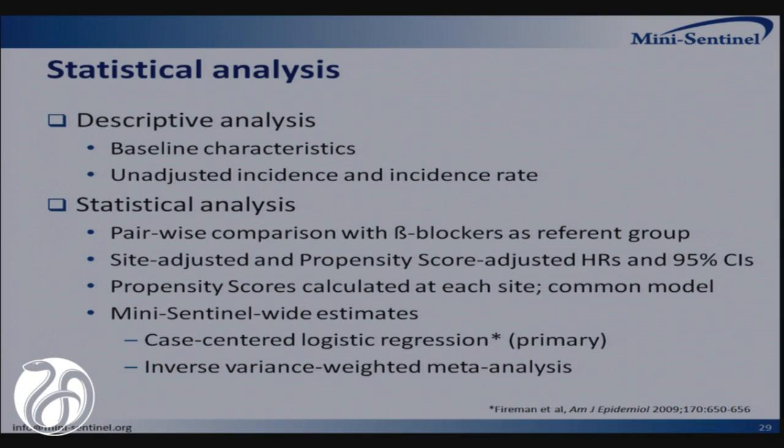And the analysis includes a descriptive analysis, regular old baseline characteristics, unadjusted and adjusted, and then pairwise comparisons to beta blockers, adjusted by site, propensity score adjusted hazard ratios, and then a case-centered logistic regression model was the primary analysis and an inverse variance weighted meta-analysis.